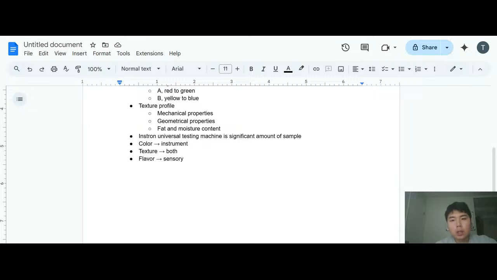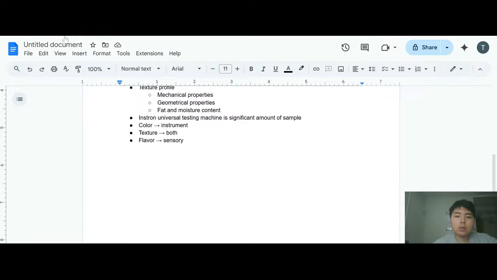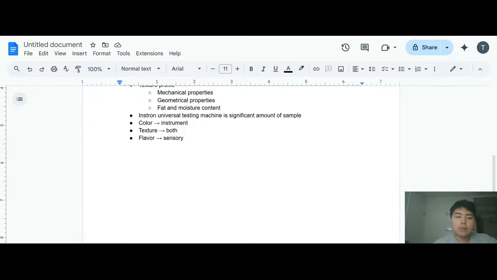Let's see, how to say disability. It's hopeless, desperate. It's hopeless. Because I have a lot of things to do. But I think I can make it.